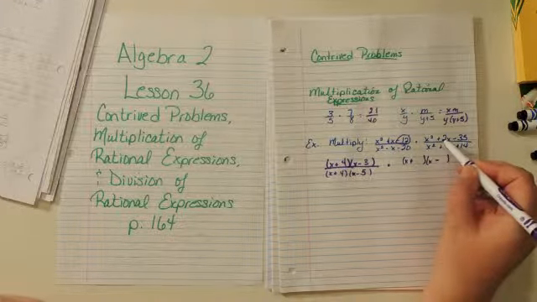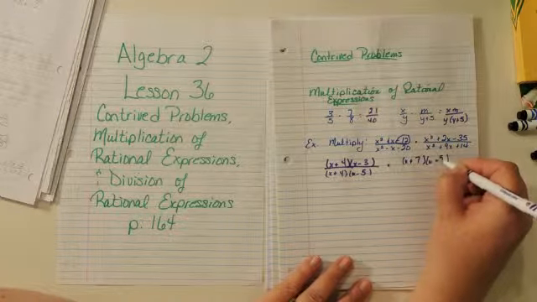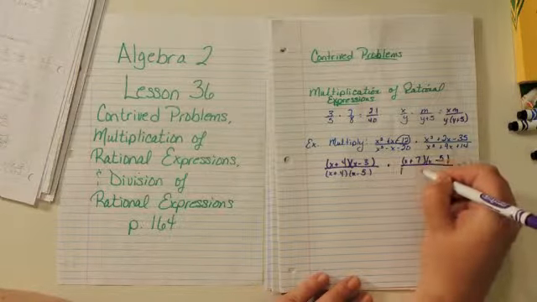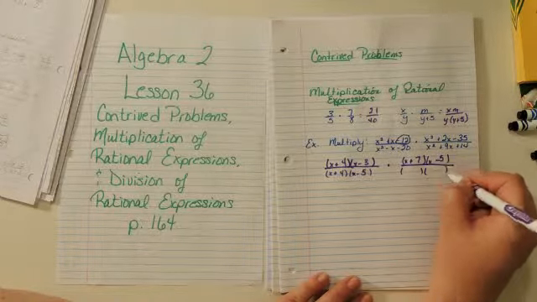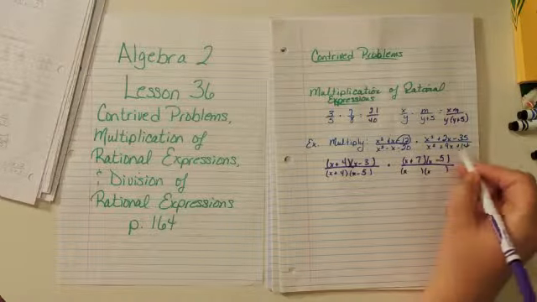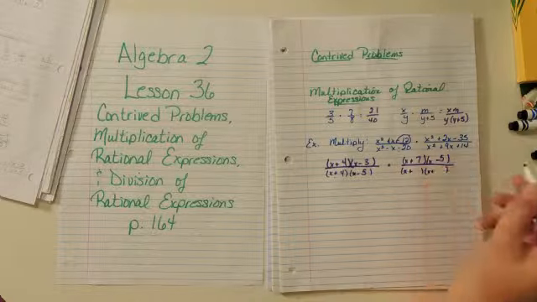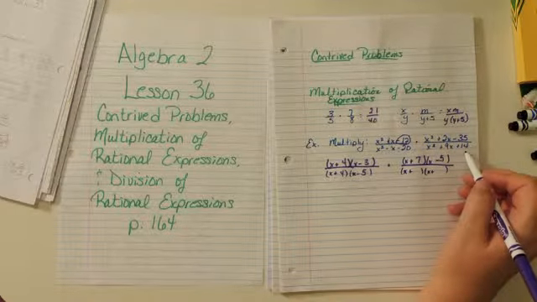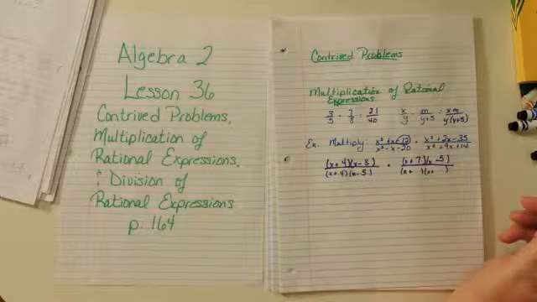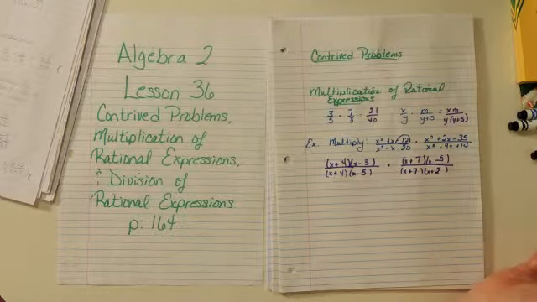So positive 7 and negative 5 will give us positive 2. Okay. Down here we have x squared plus 9x plus 14. This is an x squared. This is positive and this is positive, so these are both going to be positive. Factors of positive 14 that'll add up to 9. We've got 14 and 1 and 7 and 2. So we can use the 7 and 2.